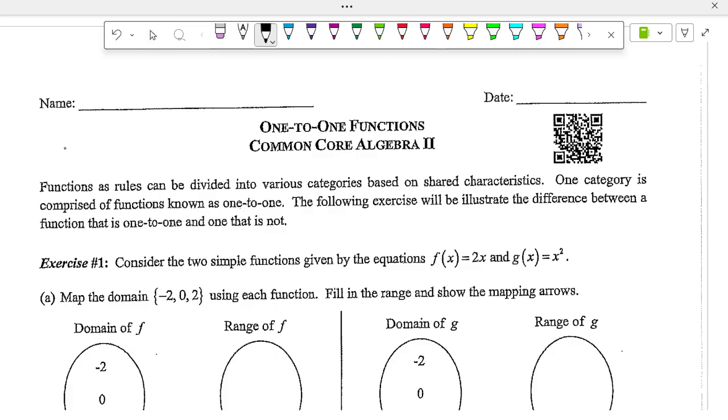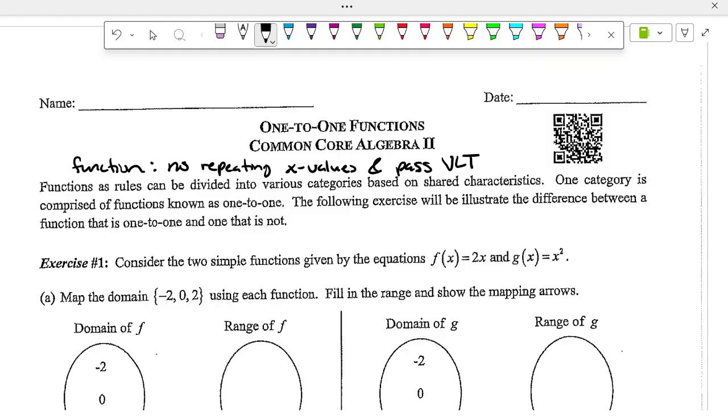So, just to recap, in order for something to be considered a function, no repeating x values, and it has to pass the vertical line test. And those two things are essentially the same thing.